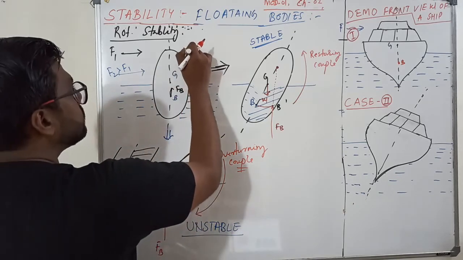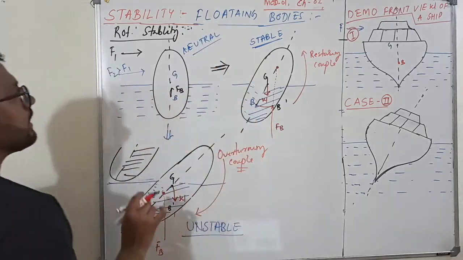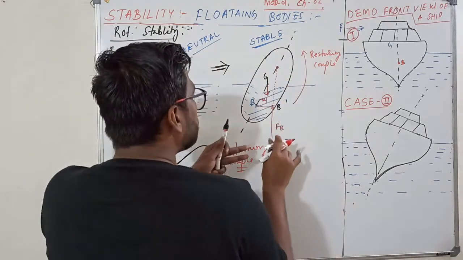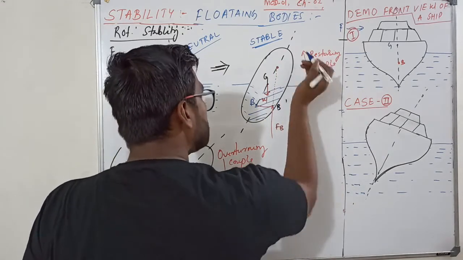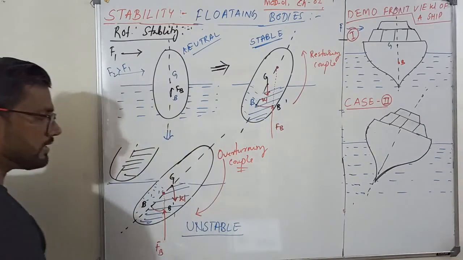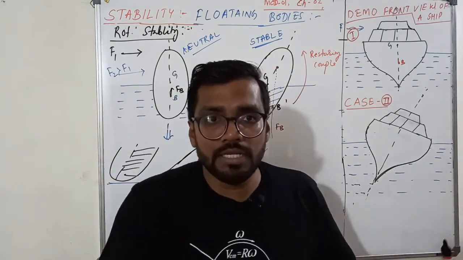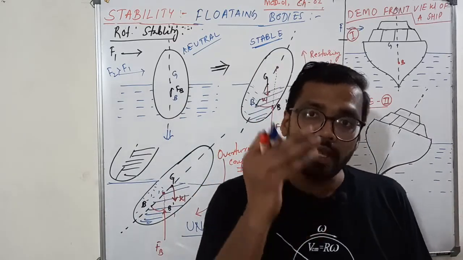Here it was neutral initially. Now I have given some force, and after that it came here. I came to know that when a restoring couple is generated, it is stable, but here an overturning couple is generated. That means, as in the case of a submerged body, this is not working.